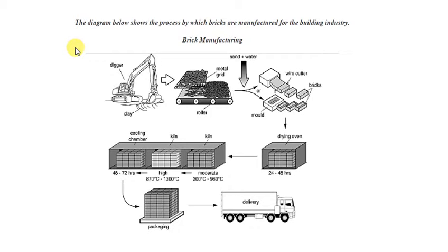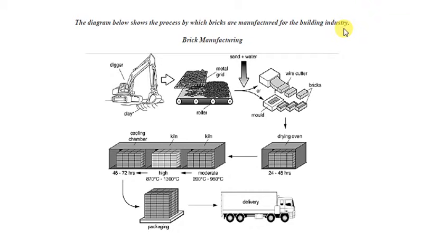So we have the task that sounds like this: The diagram below shows the process by which bricks are manufactured for the building industry. How can we paraphrase it to make the introduction clear?